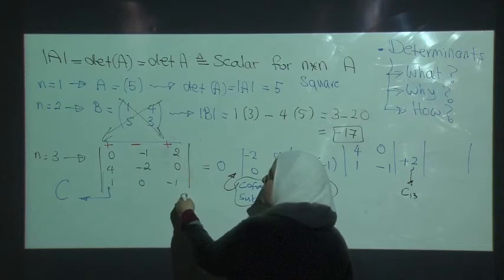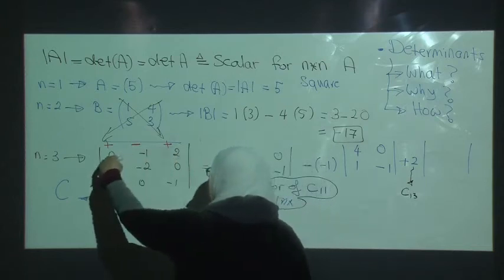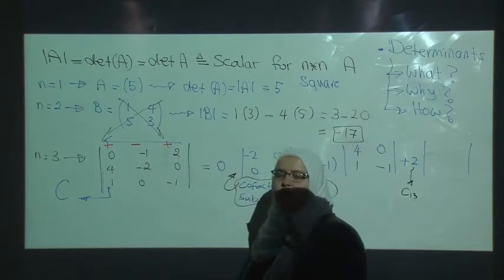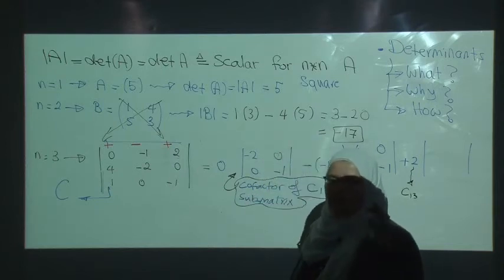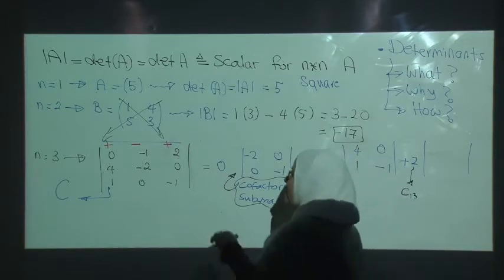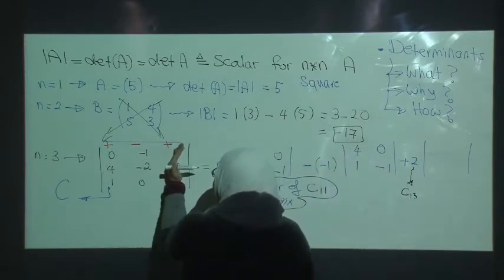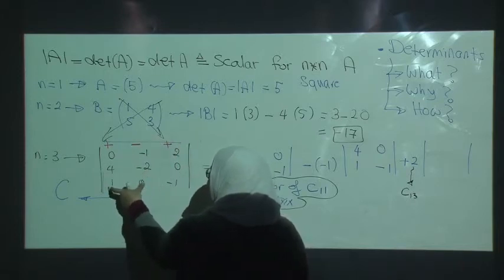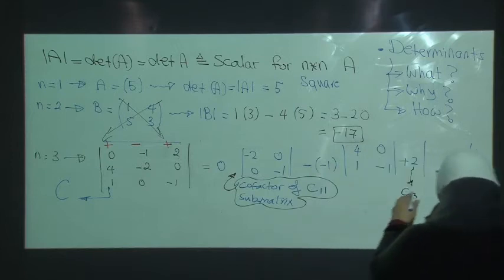We will just imagine that we have eliminated it. We don't have to erase it, of course. What's left, if we remove this part and that one, we will be left with these elements, 4, -2, 1, and 0.